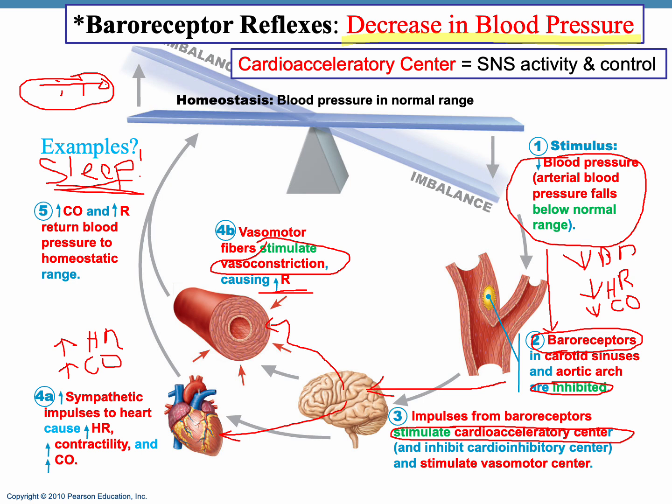Remember, vasoconstriction: you have constriction of the blood vessel, like an artery. And ultimately, the blood pressure is going to increase. Blood pressure goes up. Okay, so BP goes up.